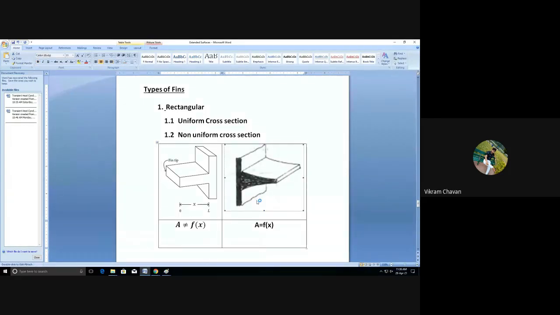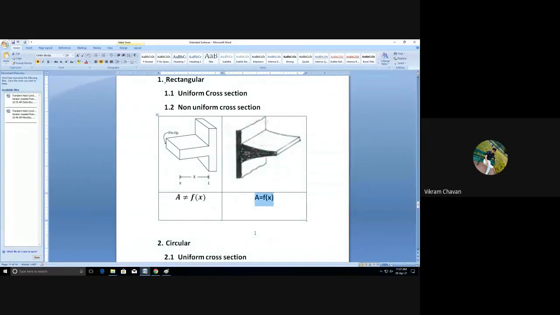Second one is non-uniform cross section rectangular fin, where area is a function of length of fin.